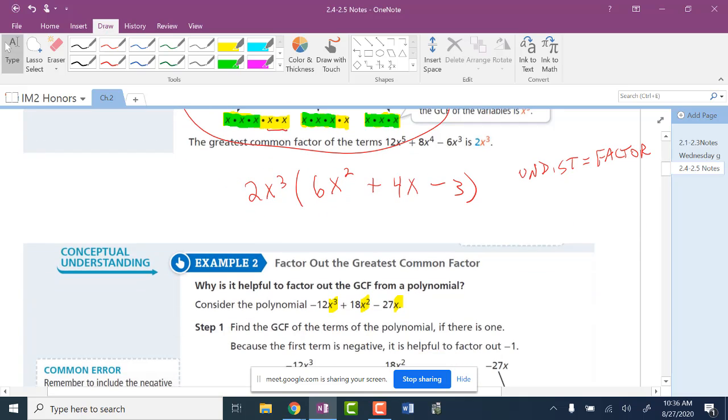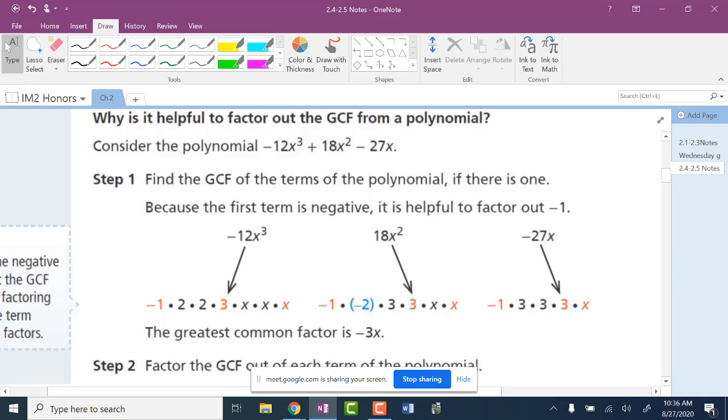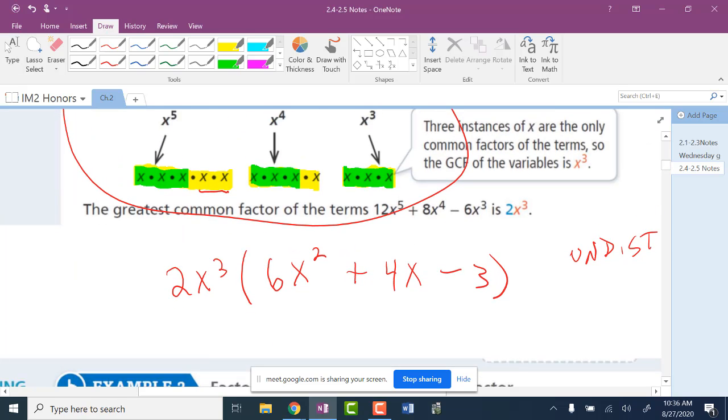And then I won't let you write this one down. I just wanted to make some points on this, and this is some notes that I had from last period, so I want to erase that. What if you have a negative as a leading term? Then you probably do want to factor out a negative and treat that as a common factor. The reason is, let's go back to this one.